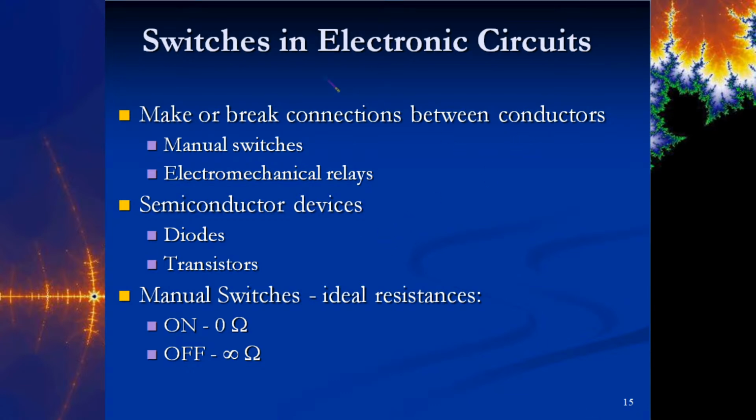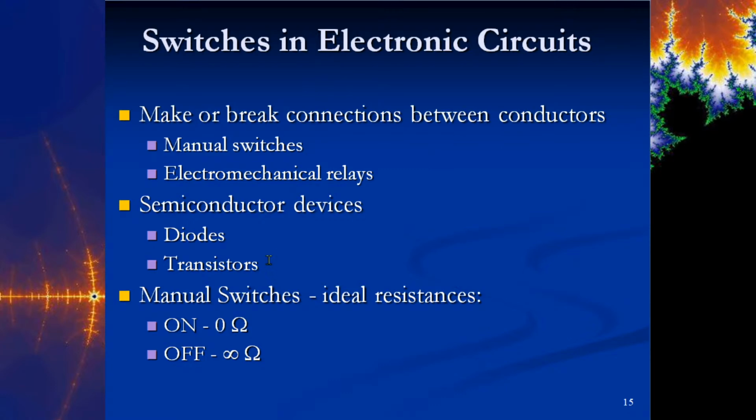So a switch, if you are familiar with electricity at all, makes or breaks a connection between conductors. We have light switches, we have all kinds of different switches that turn power on and deliver power to a device or cut power off to a device. And in the electrical engineering world, we like to use diodes and transistors to accomplish that type of switching.